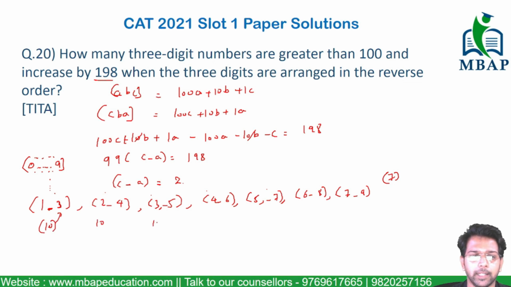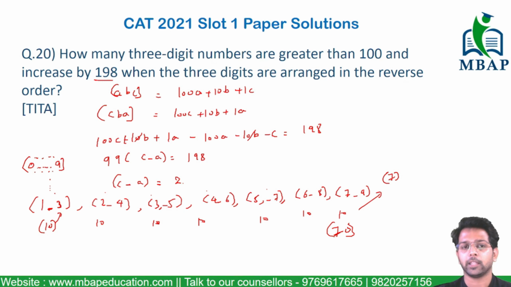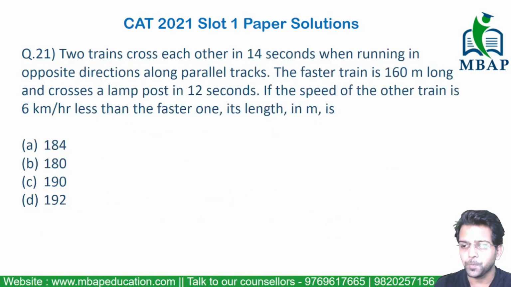So a total of 10 into 7, 70 such numbers will be possible, where the difference of the last digit and the first digit is 2, and on reversing the number you will get the difference as 198. Hence the answer for this question is 10 into 7, which is 70 such cases.